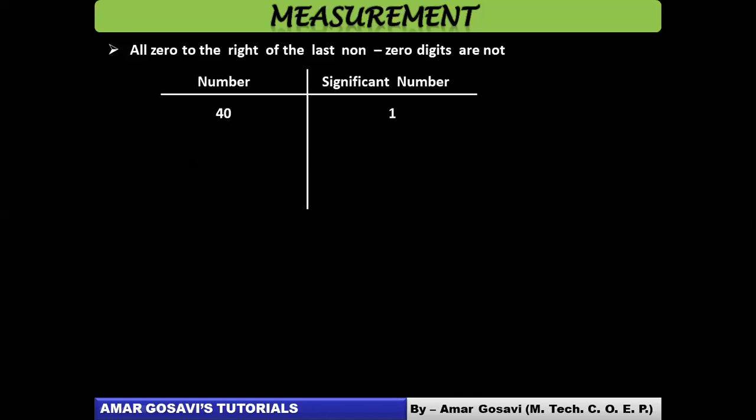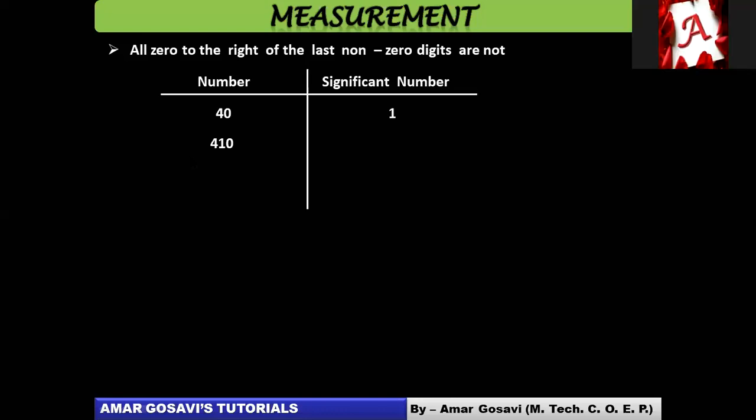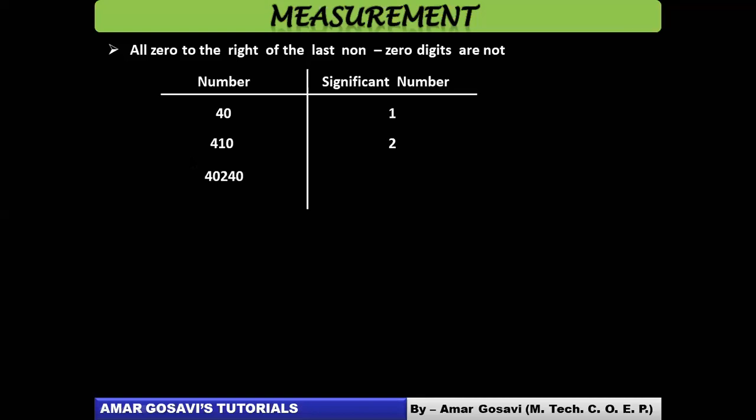Let's talk about another number. 410. So how many significant figures would it incorporate? Yes, any one of you can unmute and speak. 2. Yeah, 2. Yes, so 2 significant figures. Very nice. Now I place another complicated number.